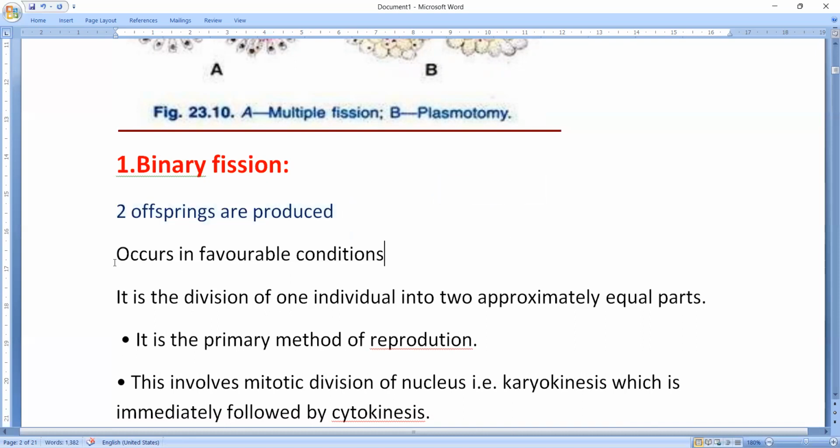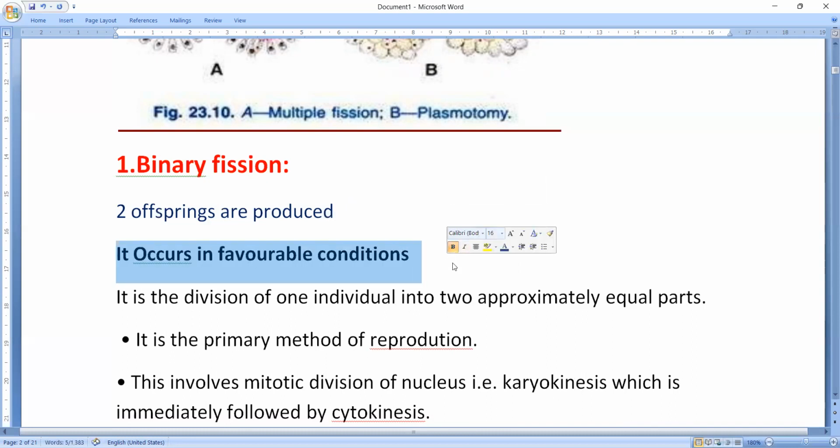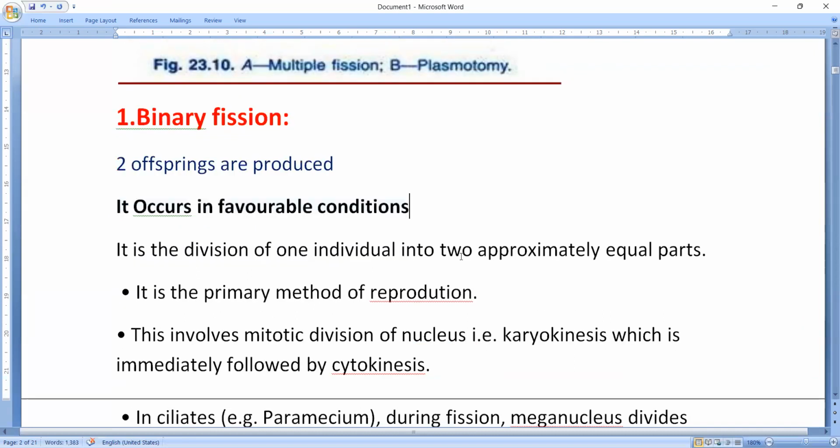It occurs only in favorable conditions. It is generally not asked in the exams, but if you remember this, it helps in answering indirect types of questions. It is the division of one individual into two approximately equal parts. It is the primary method of reproduction.